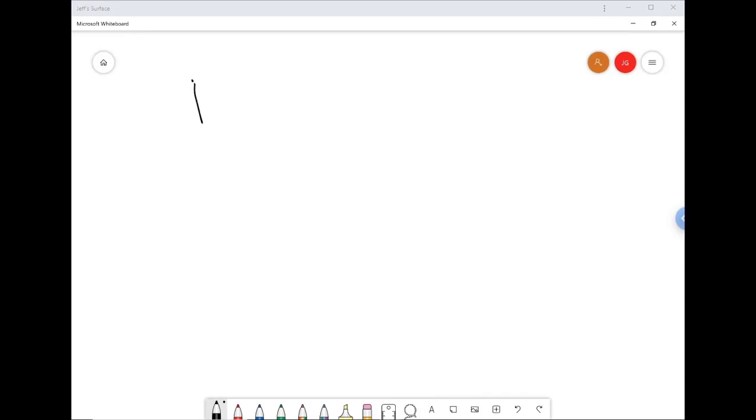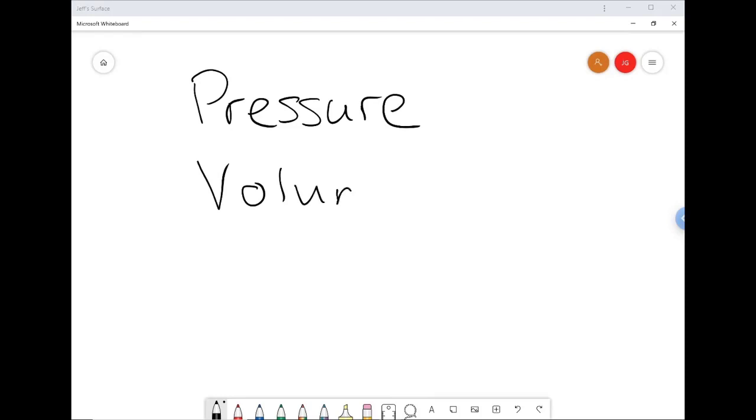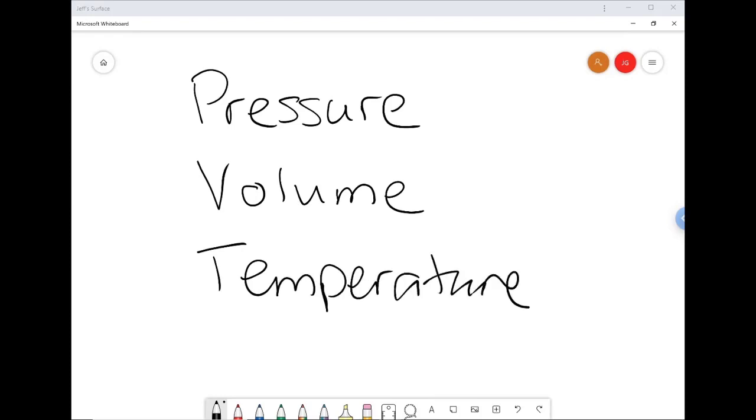So what we've learned is we have pressure, volume, and temperature. When we're talking about gases, these are three ways of describing the properties of the gas. How much pressure is it under? How much volume is the container? And what is its temperature?